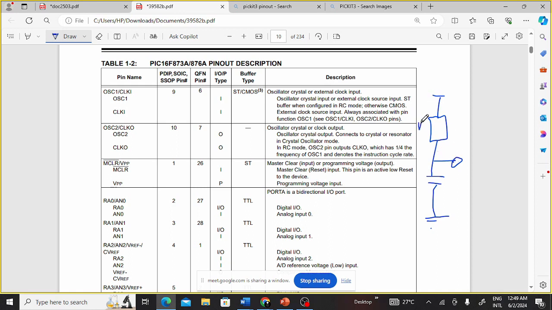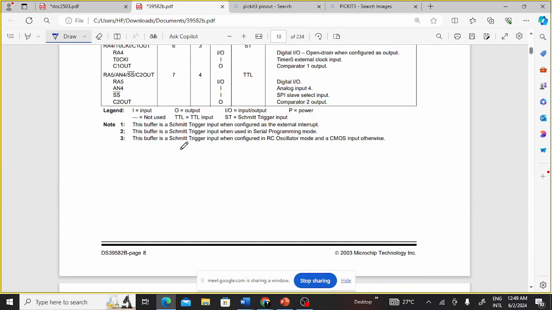It's called an RC oscillator. How does it work? Let's do it fast. It works on this simple principle. This is our capacitor. This is the charging curve of a capacitor. It charges full.